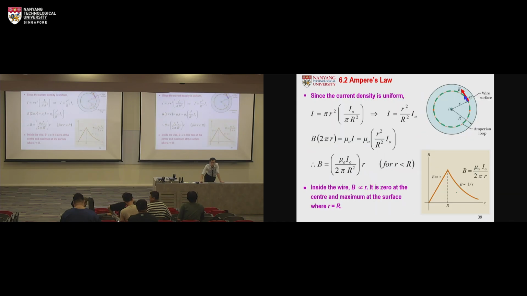That is why you need to figure out the I penetrating through the Ampere's loop, which is by this ratio, a part of this total I naught, right? And eventually, you can find out this is B inside this wire.